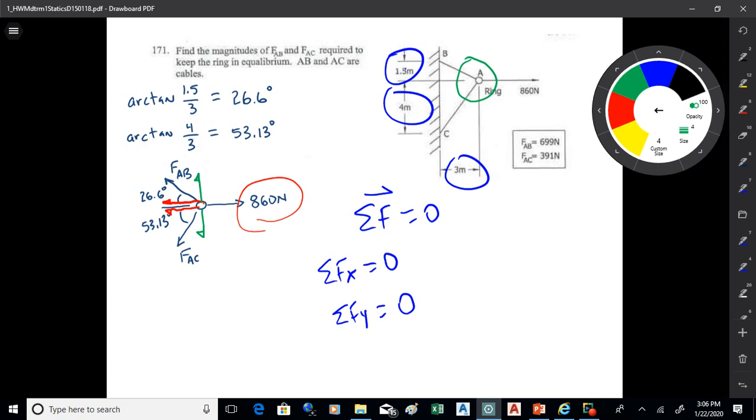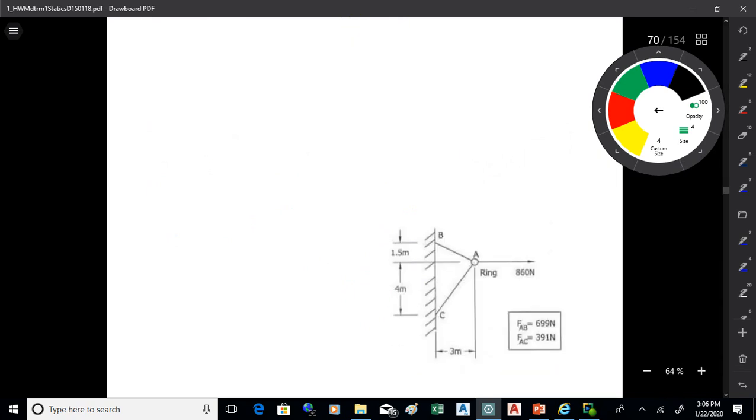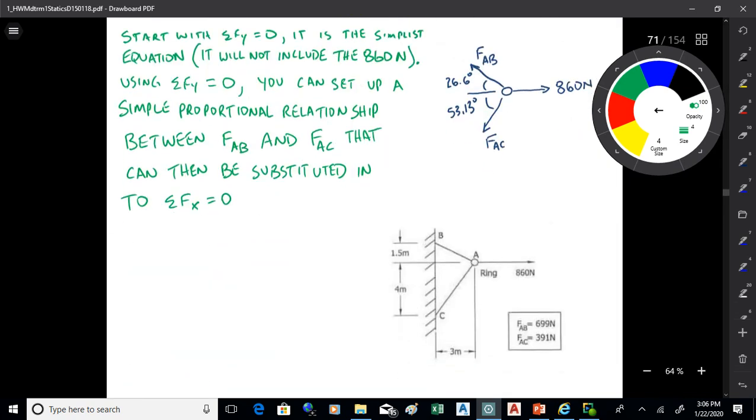So when I'm setting these up, I like to start with the simpler of the two equations first. It just makes working through the algebra a little simpler. So I would probably then start with sum of Fy is 0. Okay, that's the simplest equation. And I can set up a nice simple proportional relationship between AB and AC, and then I can substitute that into sum of Fx is 0. That's how I would look at doing that.